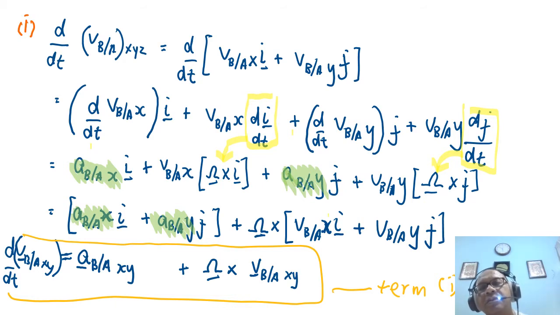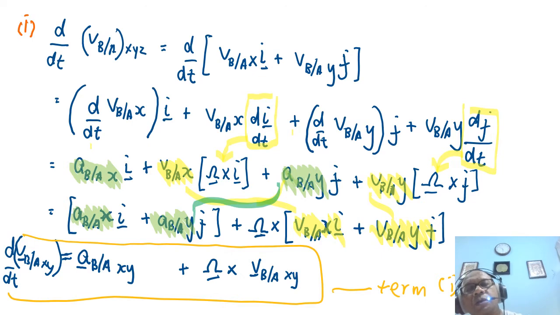The yellow terms go into the yellow terms. So this one goes here, this one goes here, this one goes there, and this one goes here.